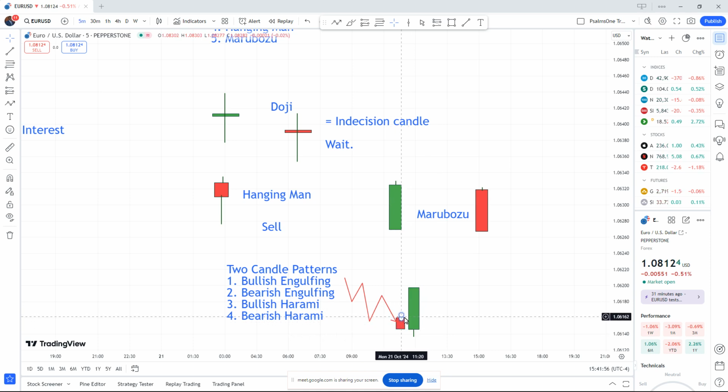Under them we have bullish engulfing, bearish engulfing, bullish harami, and bearish harami.